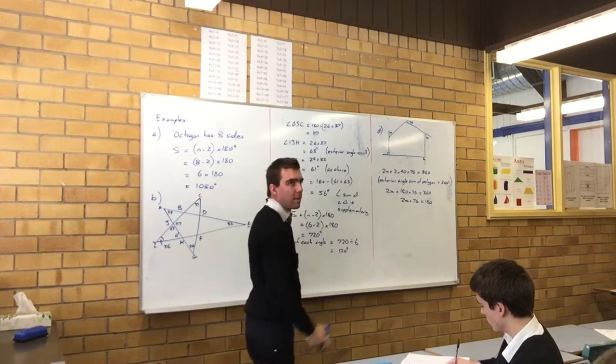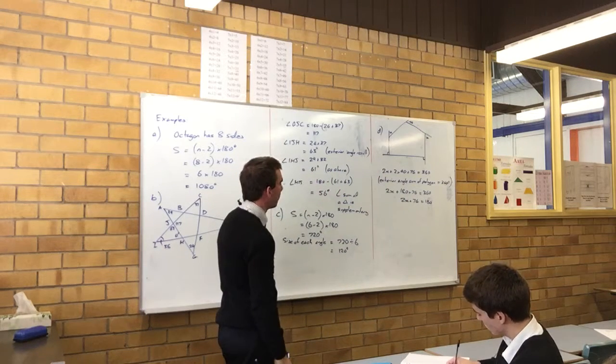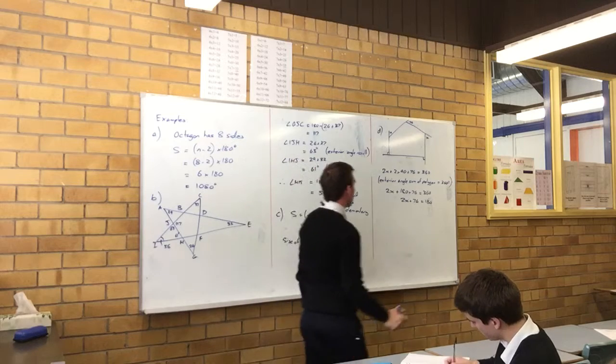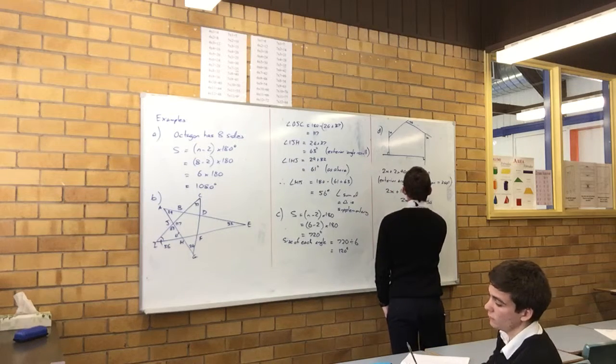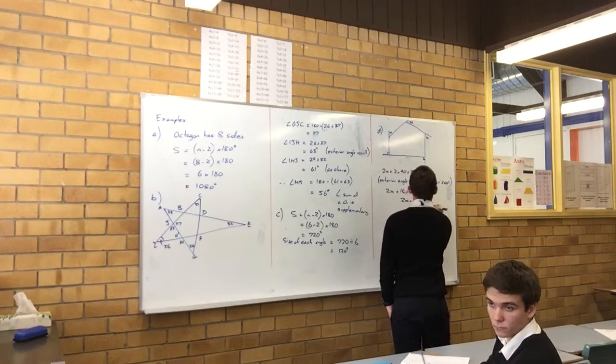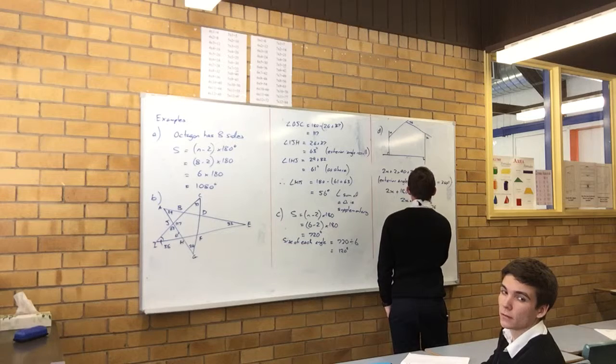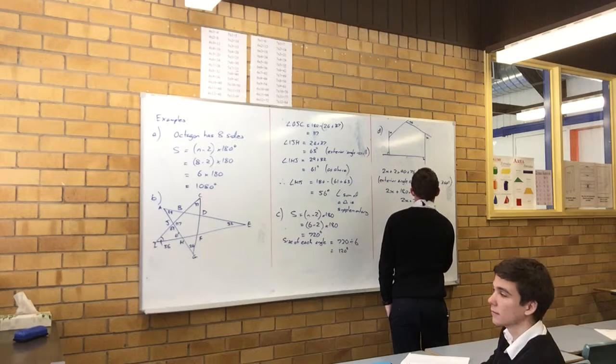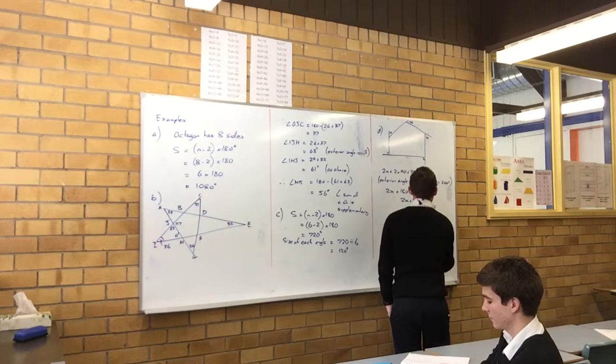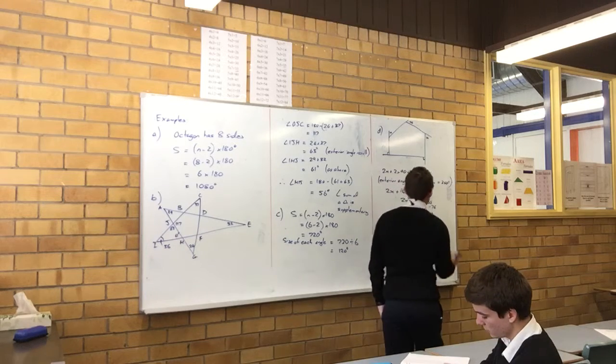Rather than doing the sum and then taking away a bigger number, I can make things a bit simpler. Right, so 2x is going to be 104. x is 52 degrees.